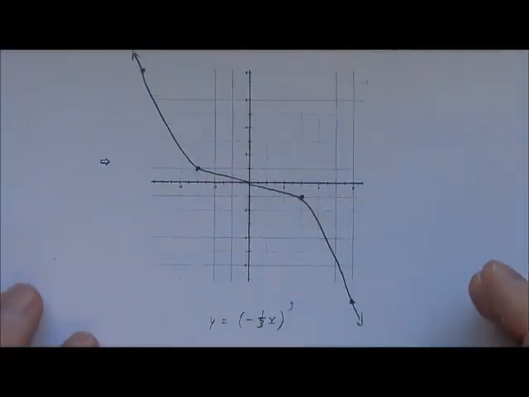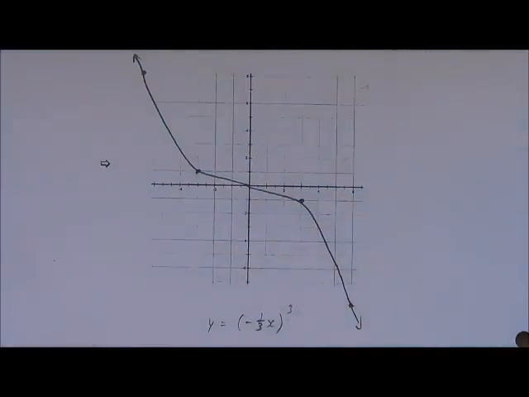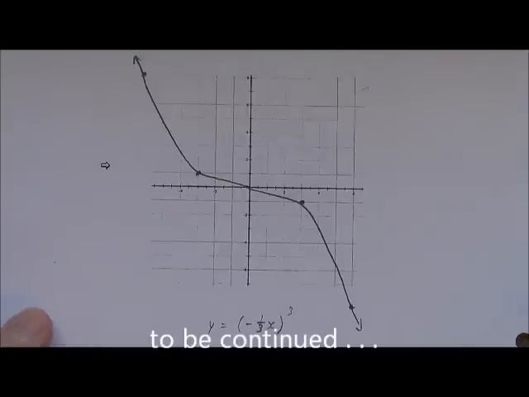Okay, so that's basically what the graph's going to look like. Okay, so go on to part 2, and we'll take a look at a different technique of graphing parent functions under transformations.